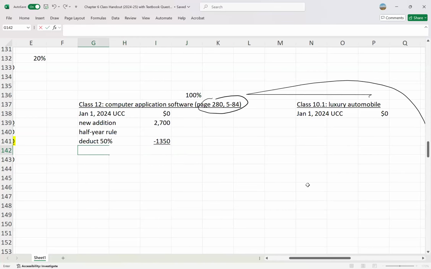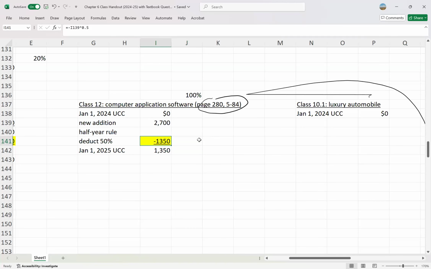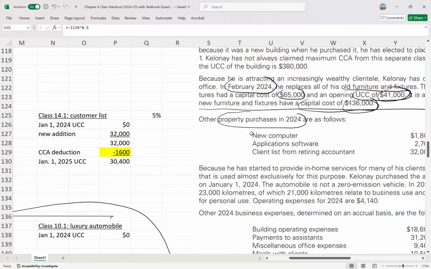So then the balance going into next year will be the remaining 50%, 1,350. So I just wanted to show you that because there are these unique situations where there's an exception from the general rule. Any questions about this class 12 calculation? Let's continue on with the next paragraph.